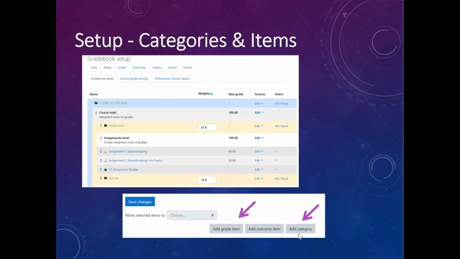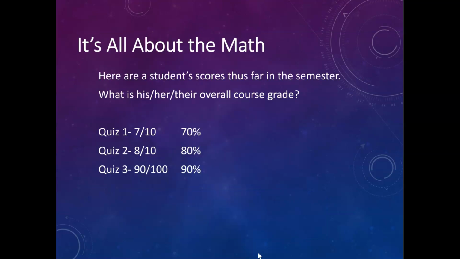You also have the ability to create categories, and categories are like folders. It's a way to group things together, so you can say, I'm going to put all my quizzes in a category, and that category is 20% of their grade. Now, within the gradebook, and we have separate videos for this, there are a number of ways to calculate student scores.